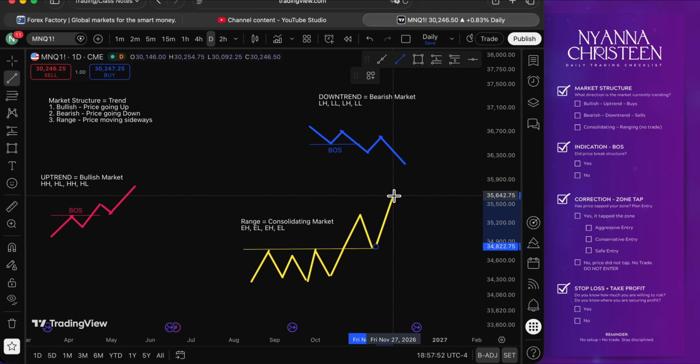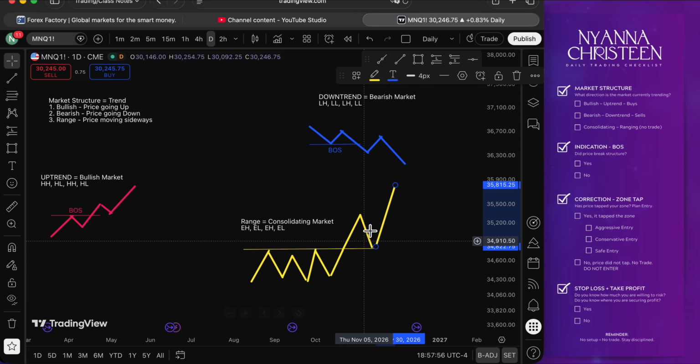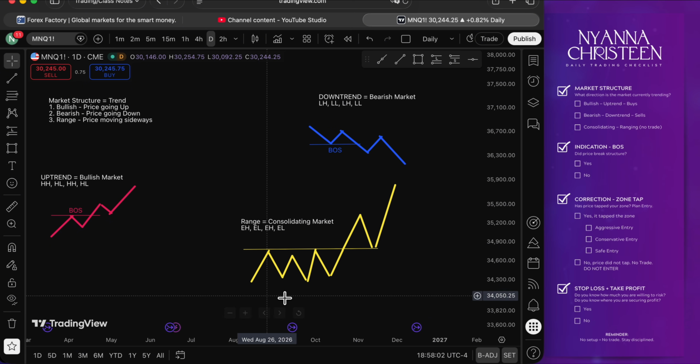That's if you're aggressive, or you'll wait for the continuation higher and then actually follow your steps and get in. But this is what a ranging market would look like, and you wouldn't get in a ranging market until it breaks out. It could either break out in an uptrend or it'll break out in a downtrend. But there's only 3 types of markets.